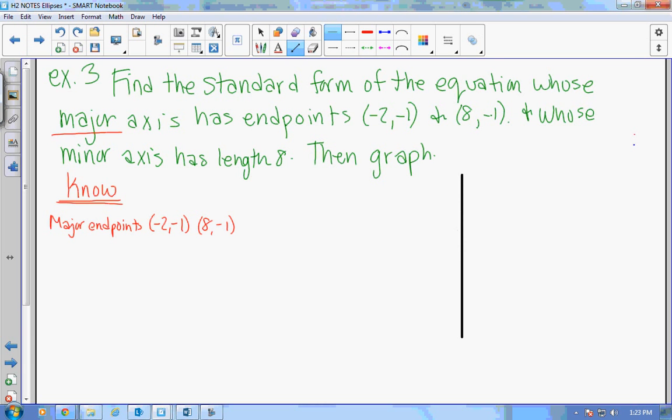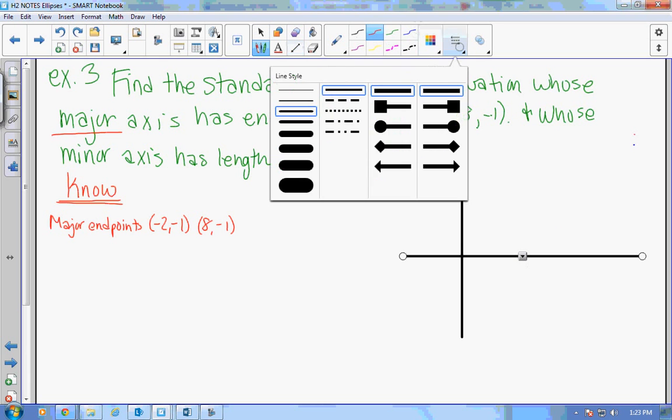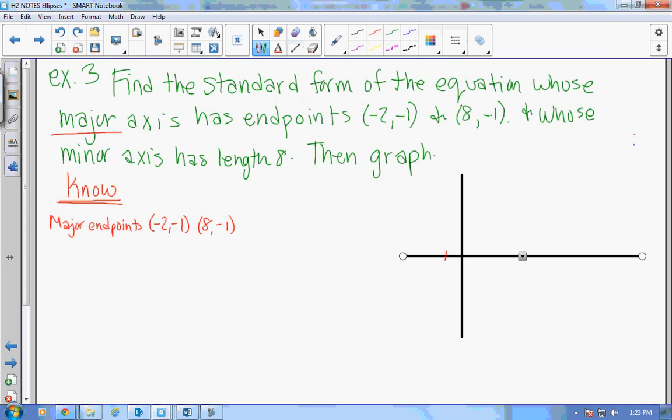Notice we have an x all the way out to 8, so actually, maybe I should put this down. So the tail end on the left would be kind of long. -2, we have a point. Oops, (-2, -1). My bad.